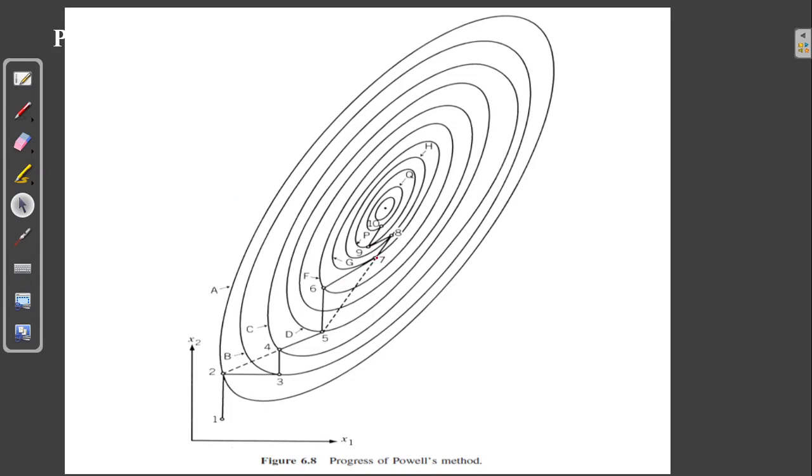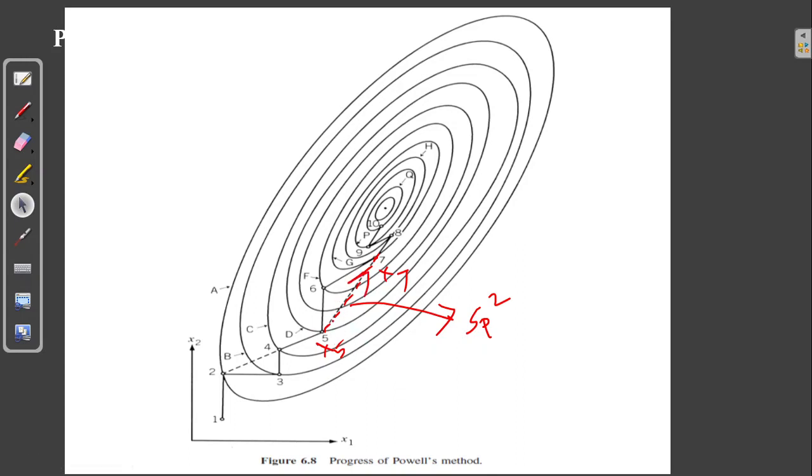We have reached the 7th position, and in this cycle from x5 to x7 we have got a new pattern direction, that is sp2, that is here. This is the new pattern direction.